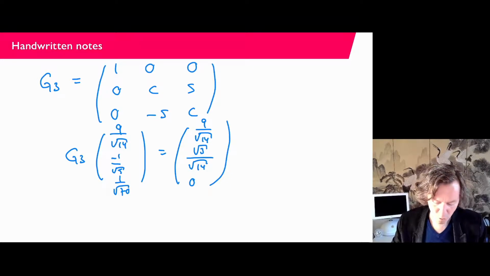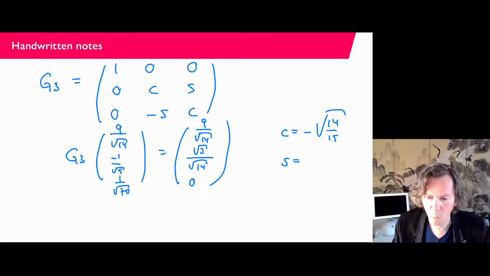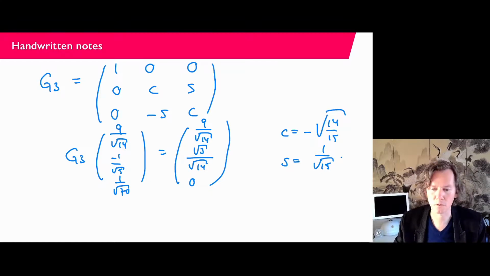So if you compute that, you will find that C should equal minus square root 14 over 15, and S should be 1 over the square root of 15. And indeed you see that C squared plus S squared equals 1.